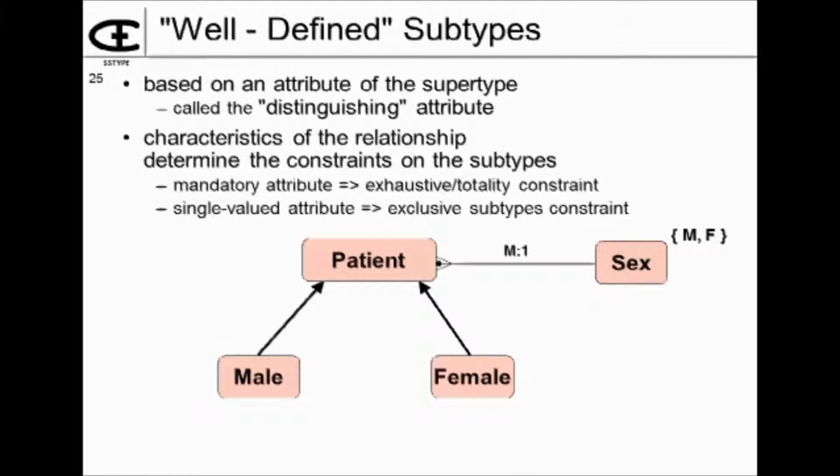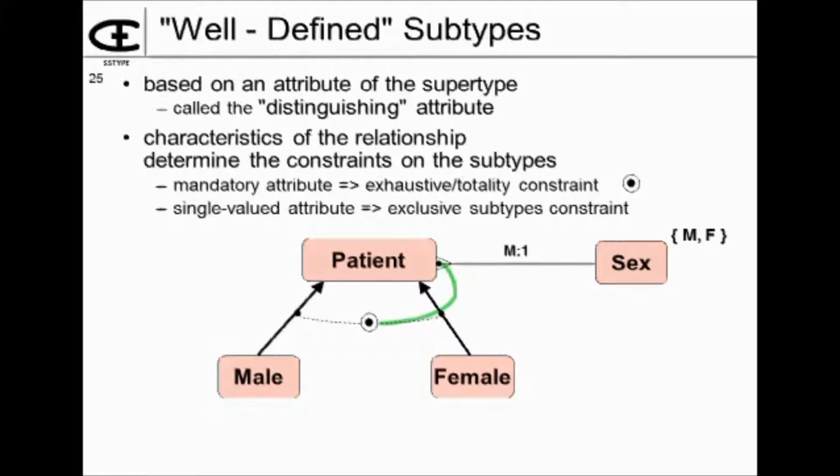Now, how does this translate to the constraints that we would have on the subtype supertypes? Well, the mandatory dot that says every patient must have a recorded sex in the database translates into the totality constraint that says all patients must participate in at least one of the subtypes.